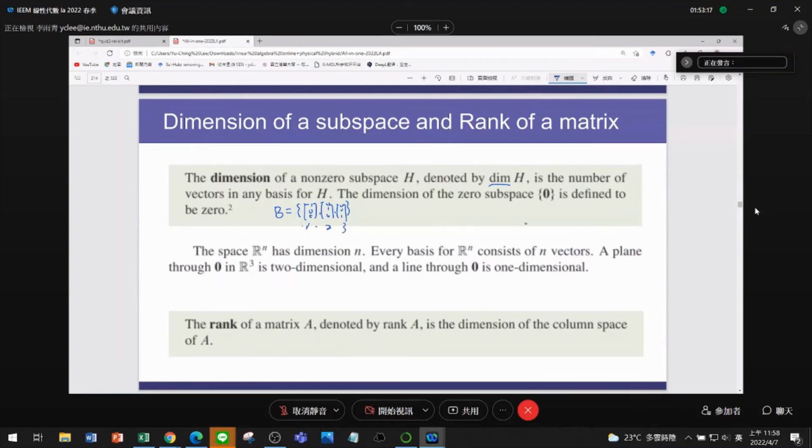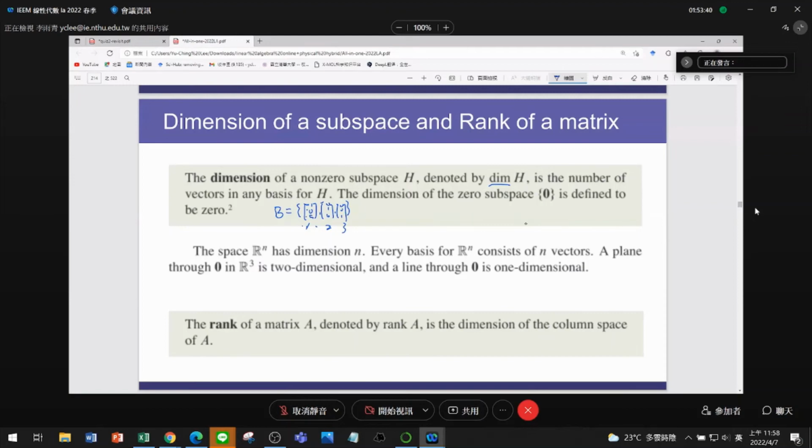So the dimension of such a subspace will be 3. That's also true if you count the number of components in one of the basis vectors, like 1, 0, 0; 0, 1, 0; 0, 0, 1. We count the number of components in each basis vector, and it's also 3.